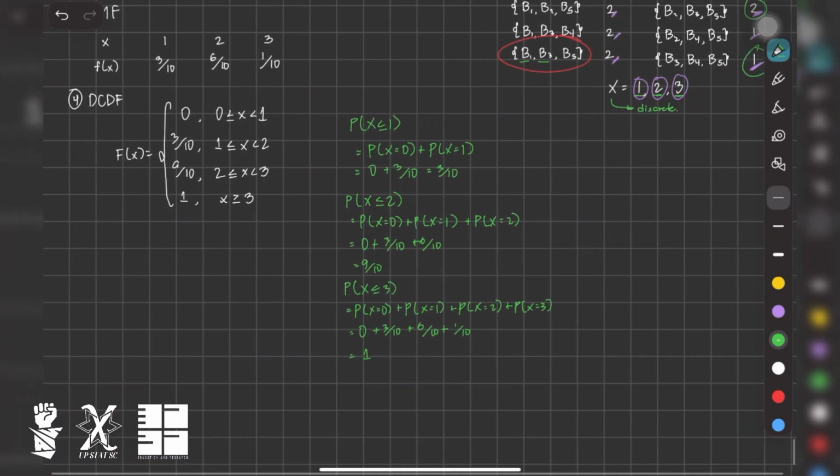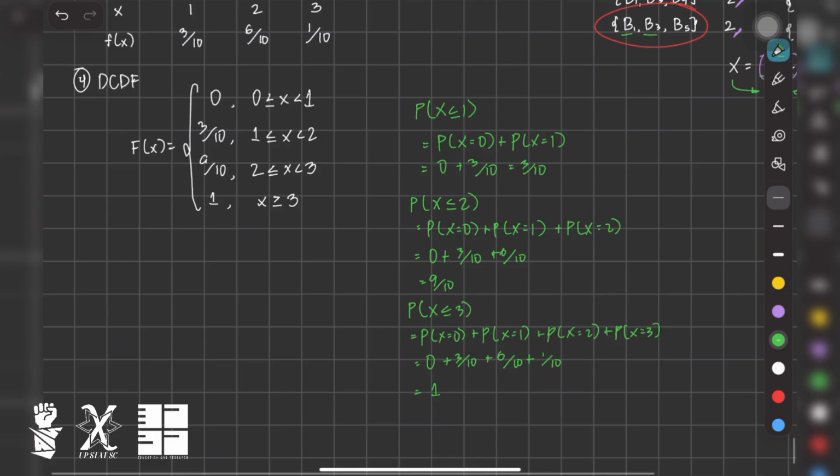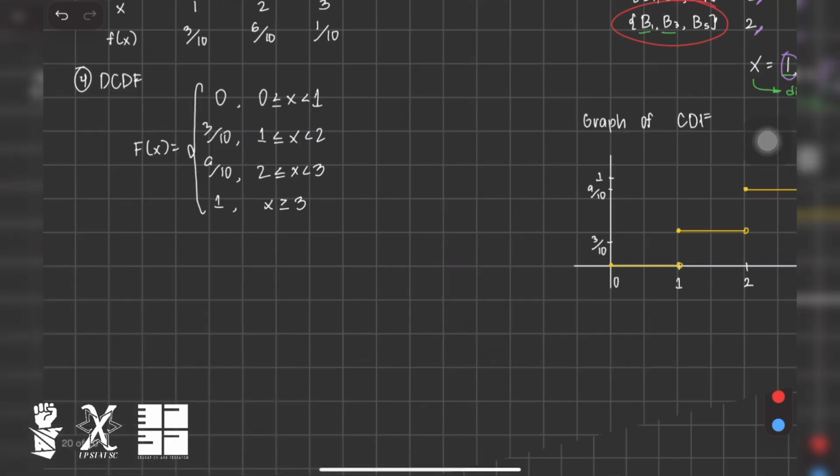So that's basically how you can view the cumulative distribution function: it checks the probability that your random variable is less than or equal to that mass point. So that's for the DCDF.